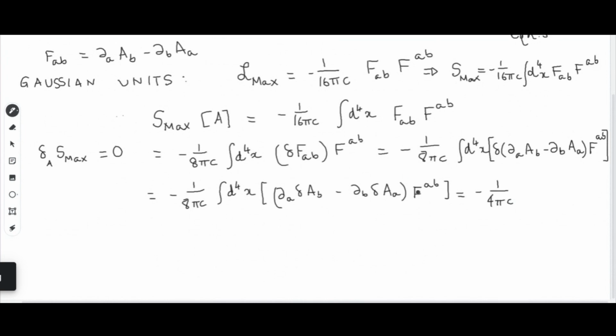If you interchange A and B, these are dummy indices, so call them B A and A B. But then in the second term, I can write F^BA equal to minus F^AB, so this minus and minus will give me 2 identical terms. Okay, so this is very simple stuff. Del_A delta A_B times F^AB.